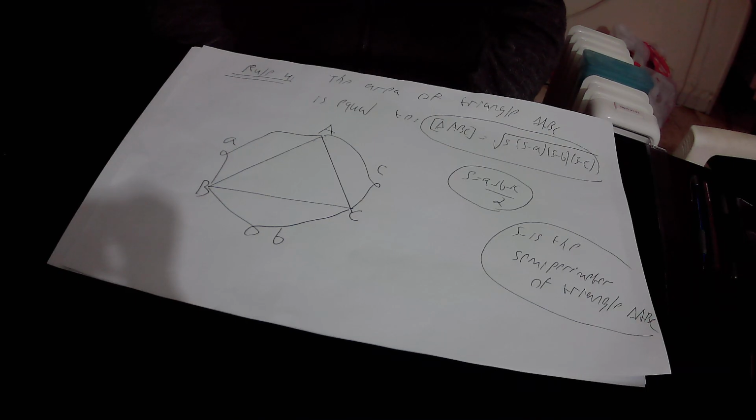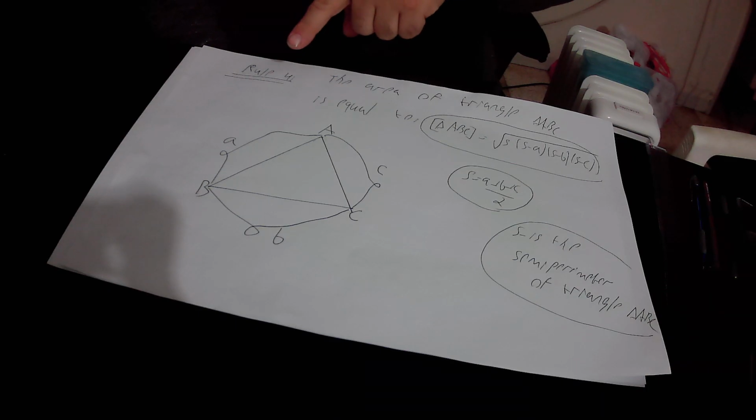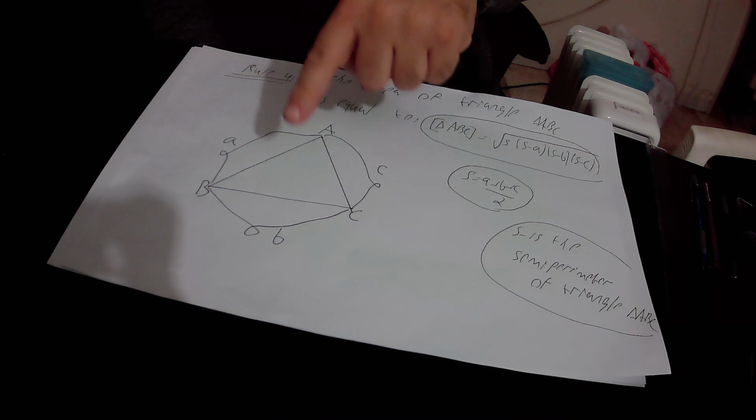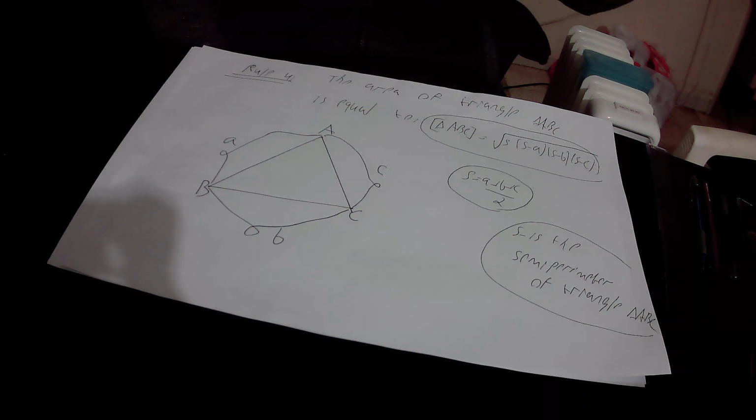So the perimeter of triangle ABC is A plus B plus C, and when we divide the perimeter by 2, we get the semi-perimeter S. So S equals A plus B plus C over 2.